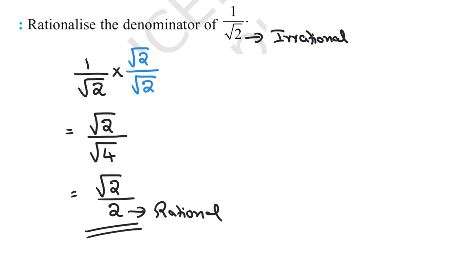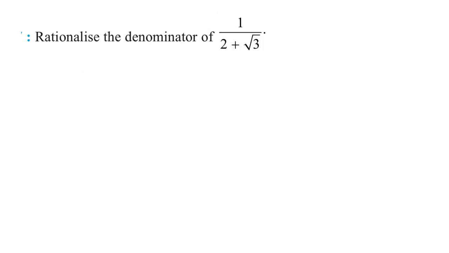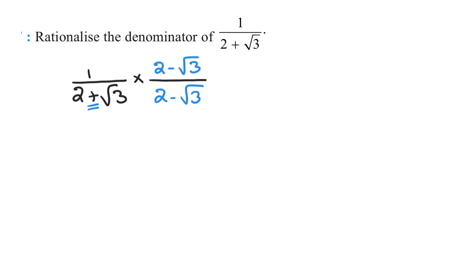Now let's look at different types of irrational denominators and see how to rationalize them. Rationalize the denominator of 1 over 2 plus root 3. Now this is a different type of an irrational denominator. So in order to remove the irrational denominator and change it to the rational one, we will multiply and divide by 2 minus root 3, the opposite sign of the middle one.